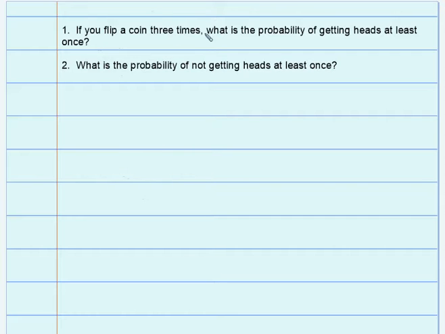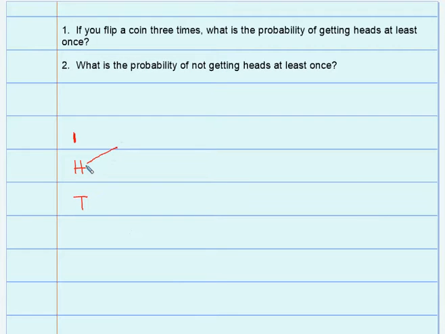If you flip a coin 3 times, what is the probability of getting heads at least once? Okay, so I like tree diagrams, but you can do whatever you want. So on the first coin flip, we can get heads or tails.